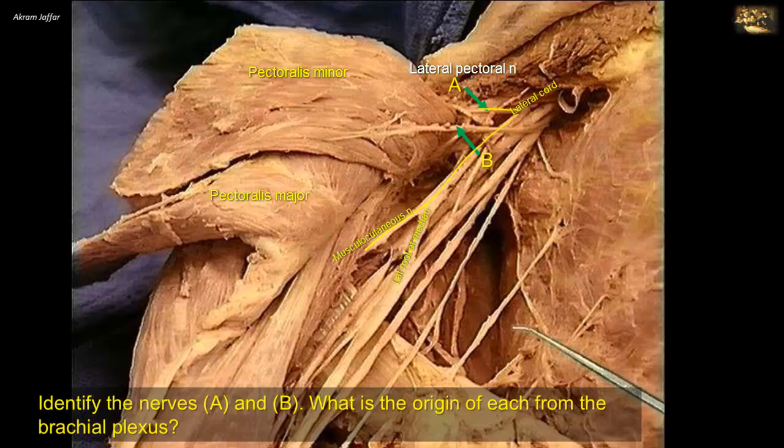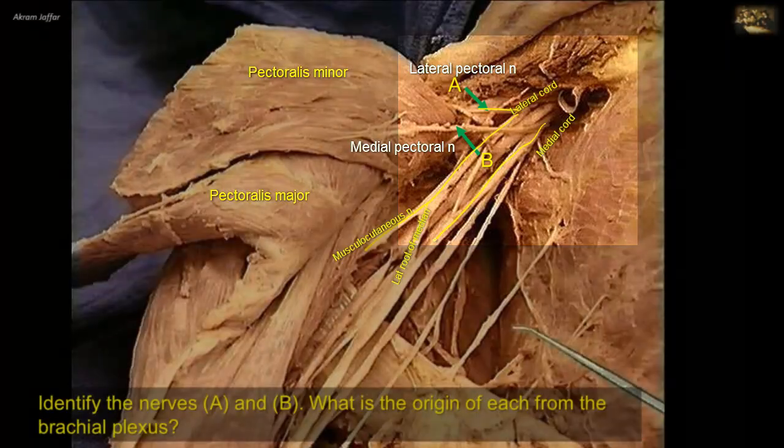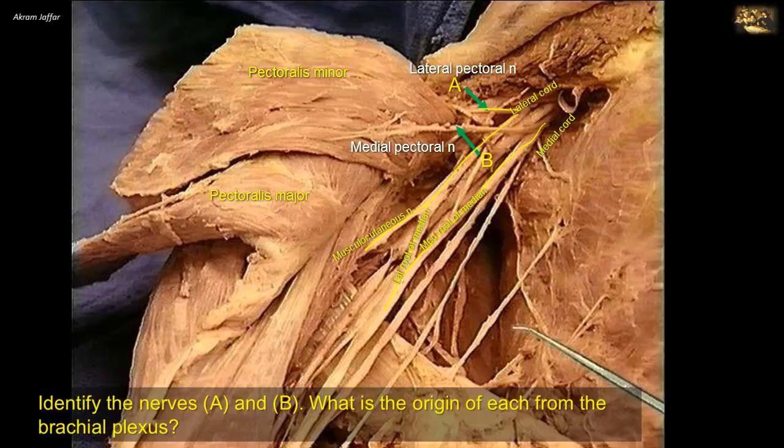So A is the lateral pectoral nerve, and here it passes through the overlying clavipectoral fascia to supply both pectoralis major and pectoralis minor muscle. B is the medial pectoral nerve, and we can identify it because it arises from the medial cord of the brachial plexus. This is the medial cord of the brachial plexus, continuing as terminal branches: medial root of the median nerve, ulnar nerve, and medial cutaneous nerve of the forearm.